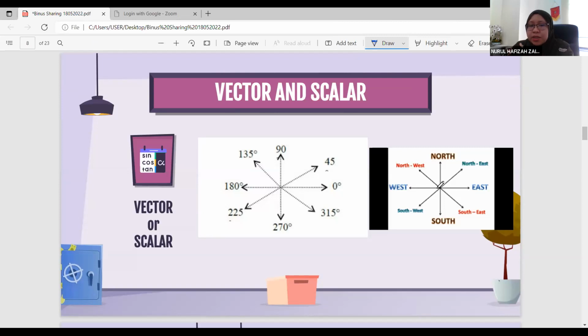So how is this going to be a vector? For a vector, we must include a direction. Normally we represent direction by an angle. If this is the positive axis, we normally go anti-clockwise: from the positive axis, 0 degrees, 45 degrees, 90 degrees. But for the speed of a car, we will not say I'm moving at 90 degrees with a speed of 50 meters per second.